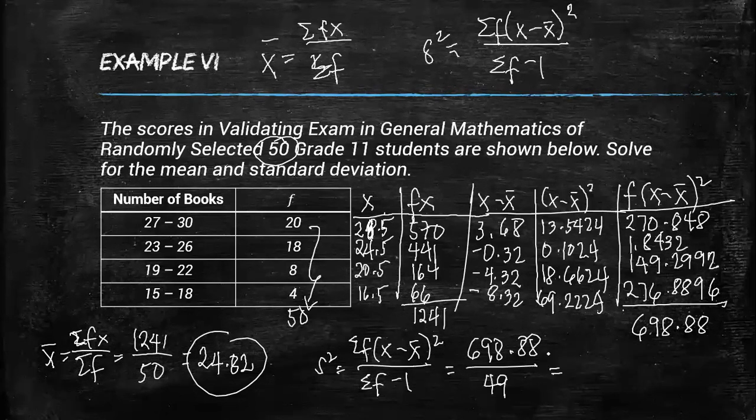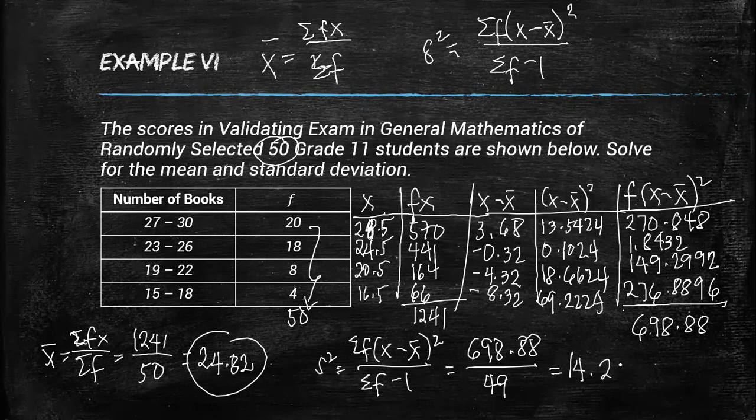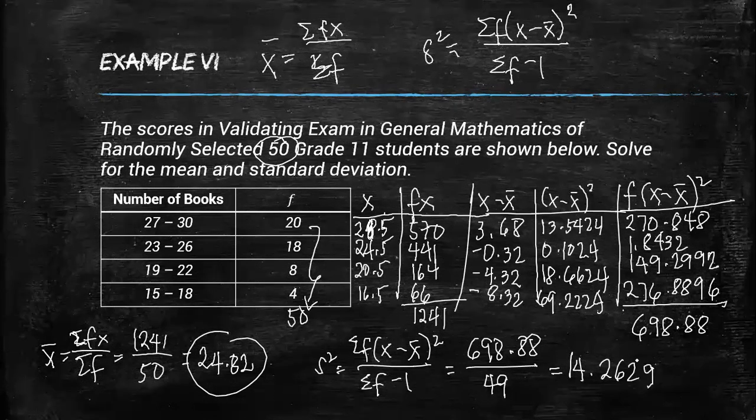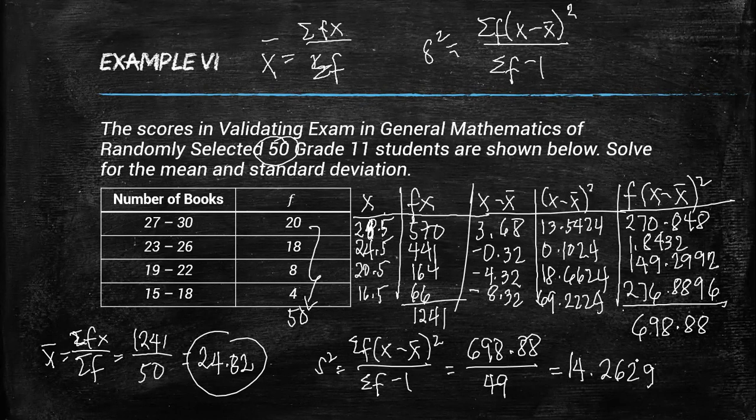So, yung quotient nun is yung ating variance. That would be 14.2629. Tama? Yes po, sir. Okay. That would be 14.262857. So, cut natin sa 4, magiging 14.2629.